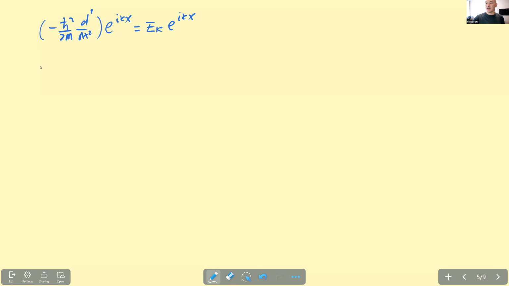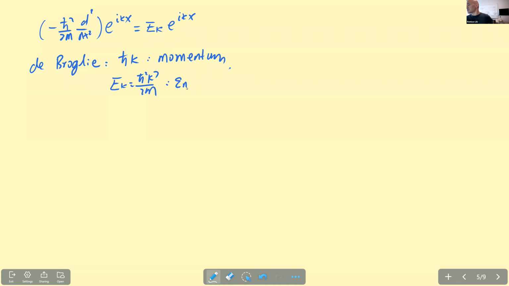So according to De Broglie, h bar k should be the momentum. And this E_k equals h bar squared k squared over 2m, of course, is the energy. Or omega_k equals E_k over h bar, that equals h bar k squared over 2m, is the angular frequency of this state.